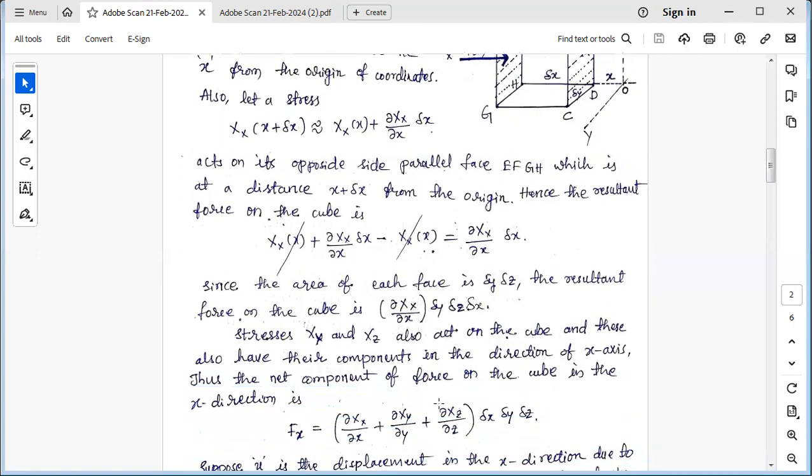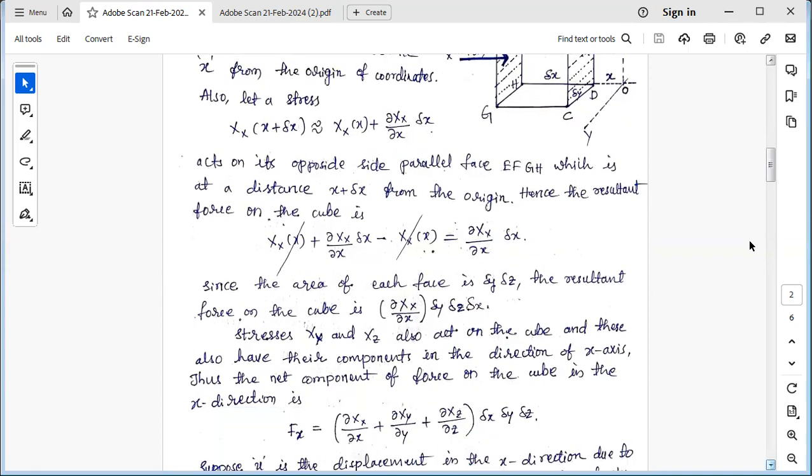Since the area of each face is delta y, delta z, the resultant force on the cube is dou hx by dou x into delta y, delta z, the area, into delta x. This delta x comes because of the difference in the force. So this is the resultant force acting on the cube in the x direction.